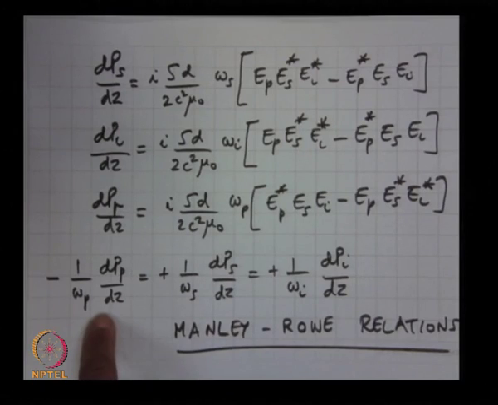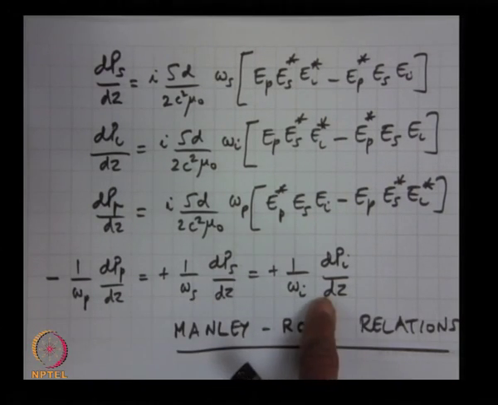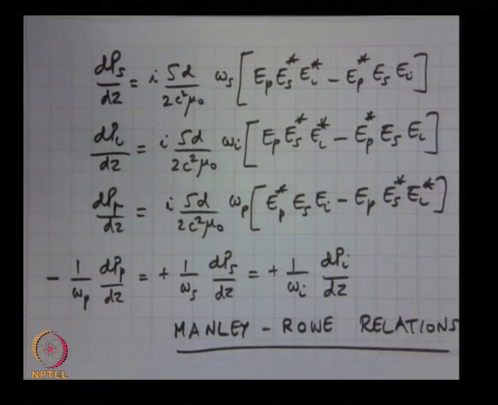It means that every time I lose one pump photon, if this is minus 1, this is plus 1, and this is plus 1. So what is happening in the process is a pump photon is splitting into a signal photon and an idler photon. Please note, I have not brought photons into the picture till now.